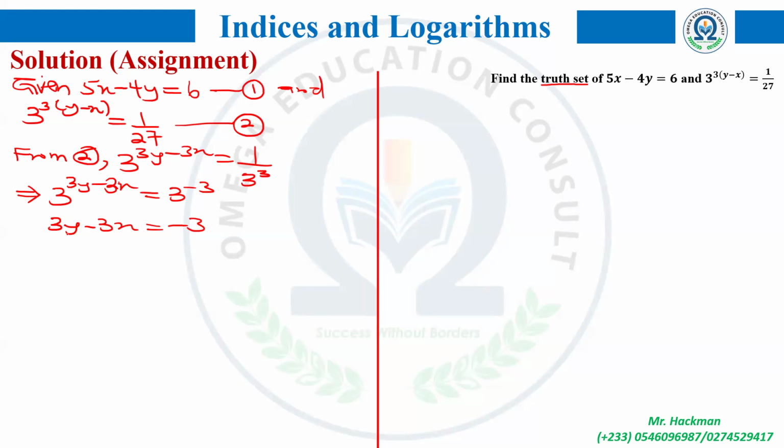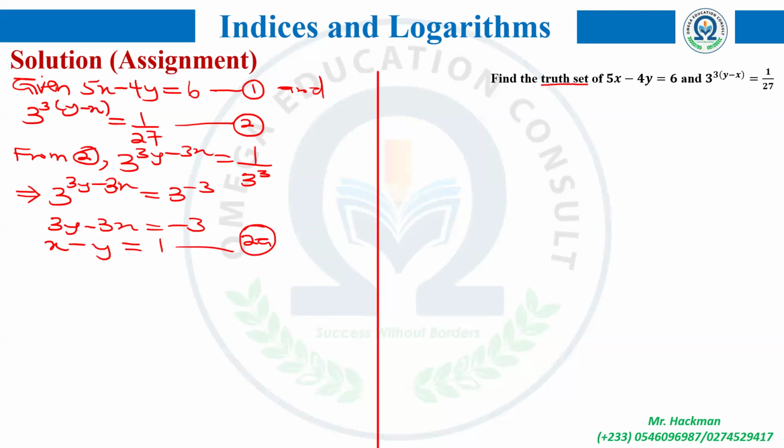So 1 over minus 3 of minus 3x will give x, this minus 3y divided by minus 3 will give minus y, is equal to minus 3 divided by minus 3, which gives 1. Am I right? Yes, please. So I now label this one as equation 2. All correct.